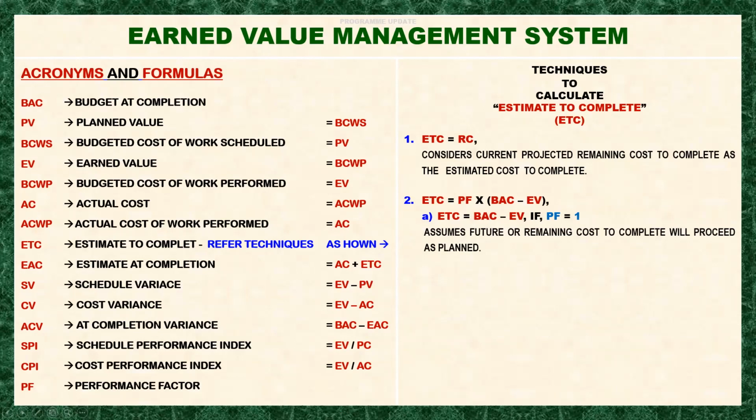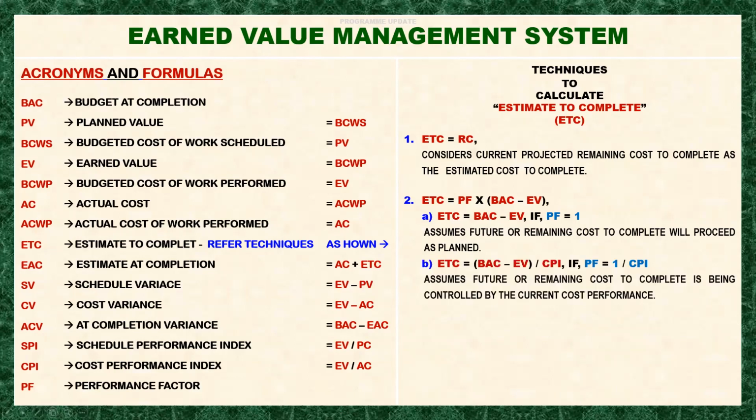The formula here is ETC equals budget at completion less the earned value if the performance factor is equal to 1. So if the performance factor is equal to 1, the ETC will be BAC less the EV. Very simple.